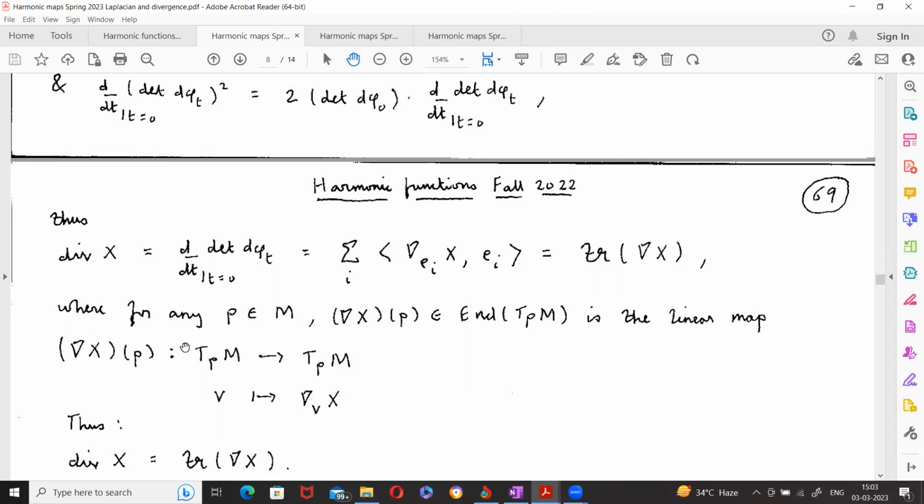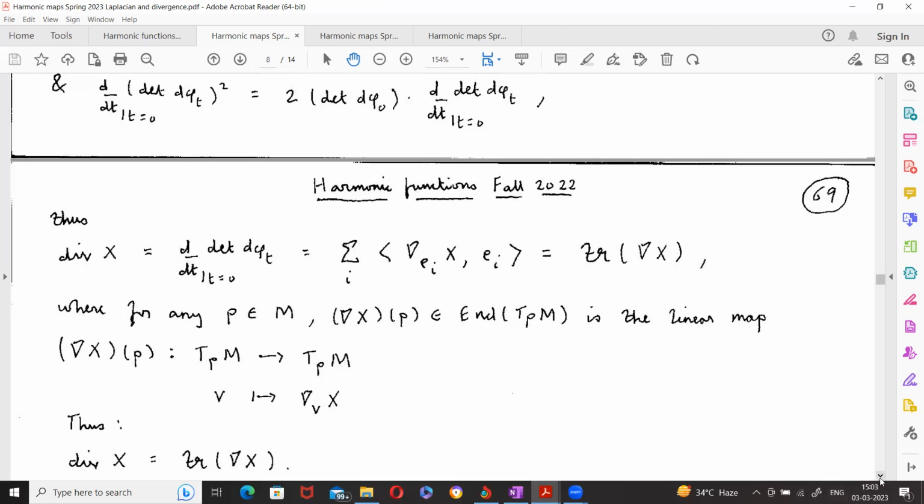This is a linear map from the tangent space to itself, the endomorphism v goes to nabla sub v of x. I take this endomorphism applied to e_i, take the inner product with e_i, and sum over i. So that is the trace of this endomorphism.